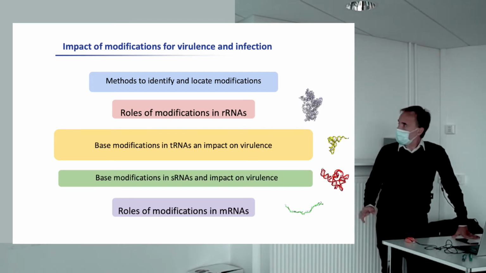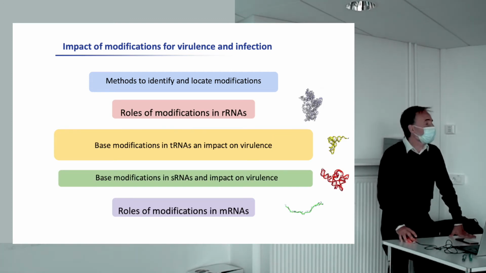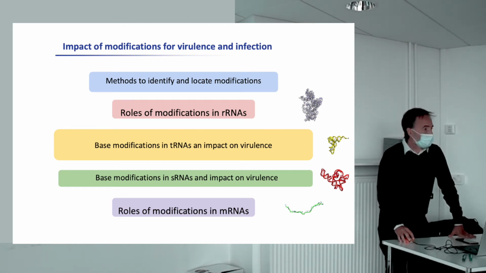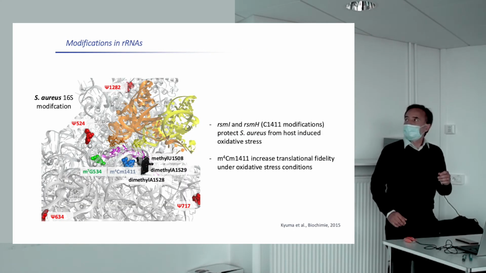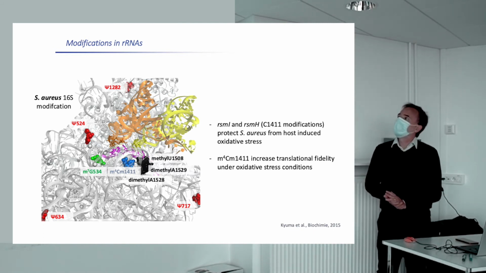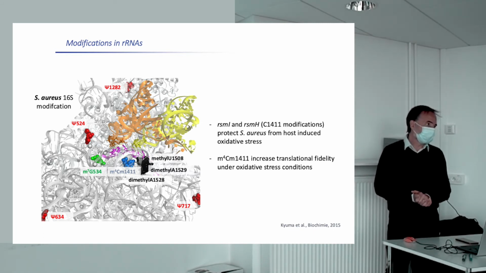Okay, so today I'm going to give you just a few examples of bacterial adaptation through modification in ribosomal RNA, tRNA, and regulatory RNA, and just one example of a modification on a messenger RNA, mostly in pathogenic bacteria. So I will start with a few examples of RNA modification on the ribosome.